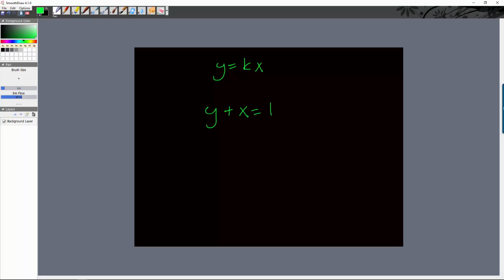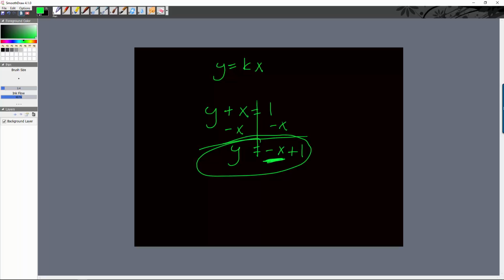So I have to draw my line, subtract x from both sides, and I'll have y equals negative x plus 1. Well, if I look at this, I have my constant. I have a slope. It's perfect. So that's a check. But I also have something on the starting point, right? It starts at 1. So this does not work.